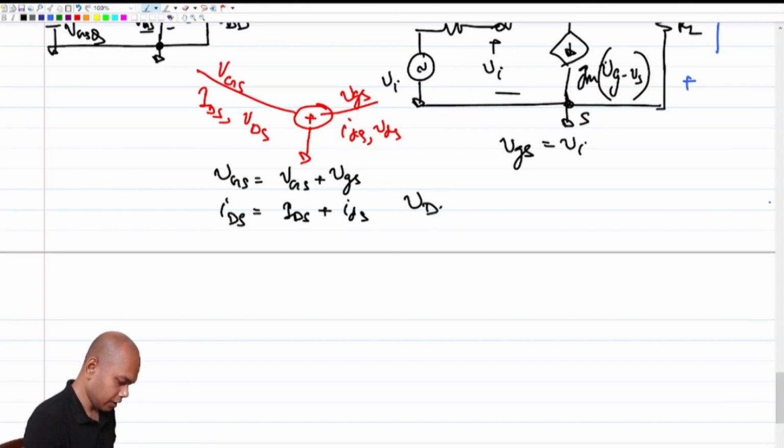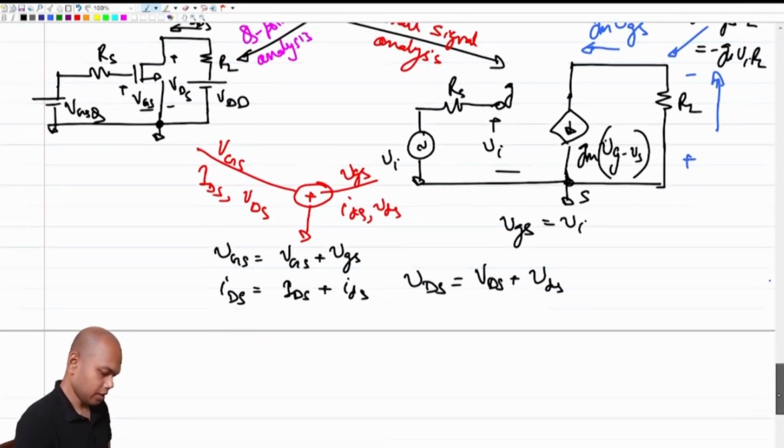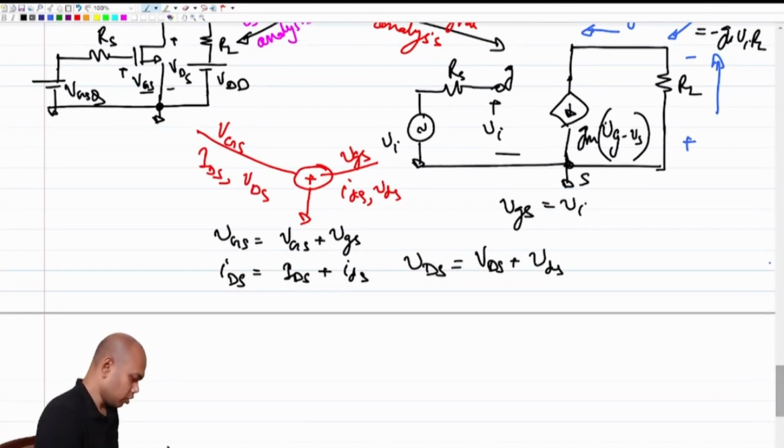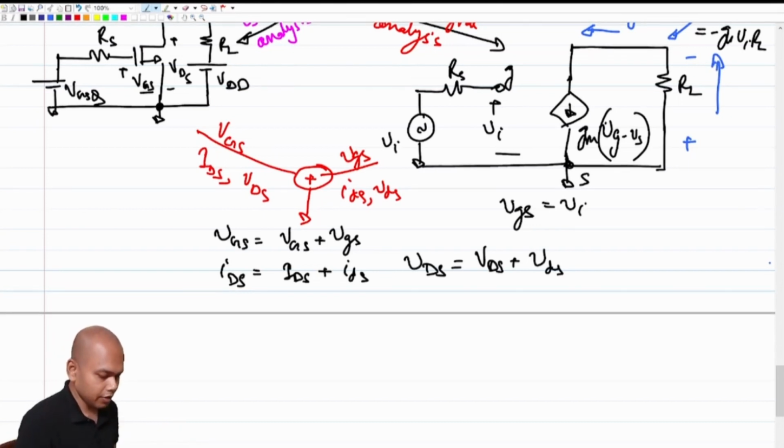Similarly, VDS becomes VDS plus small VDS. Let me ensure that we have used the same terminologies. Yes, right? So it's a three-step process. First step, you find out only quiescent. Second step, you linearize the network, find out its incremental equivalent, and solve it to find out incremental. Third step, add them together to get the total currents and voltages.